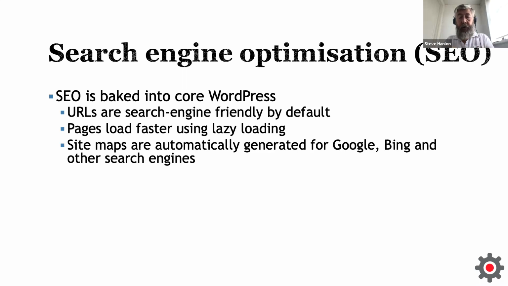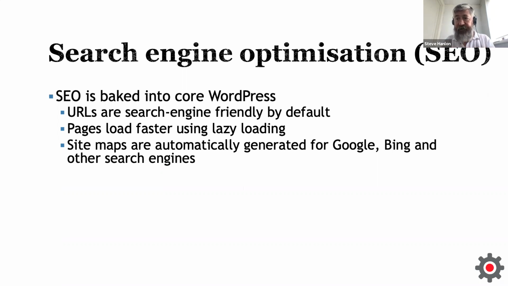And it's baked right into the heart of WordPress. There are a bunch of things that are in there by default that come with a core WordPress installation. A lot of the links will be based around the titles. They'll use plain text words.